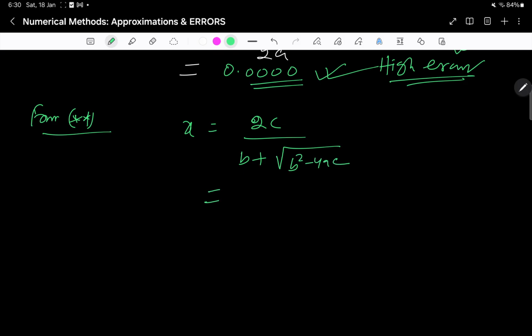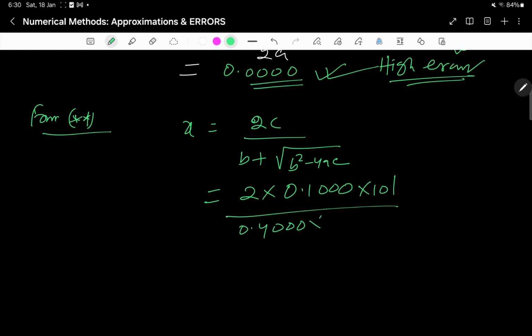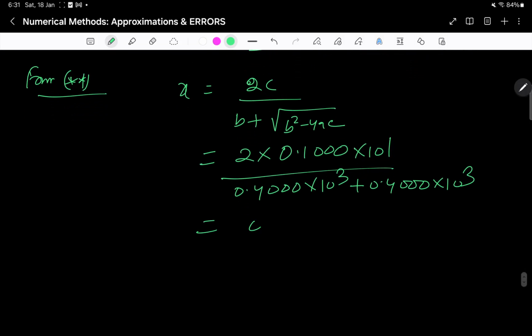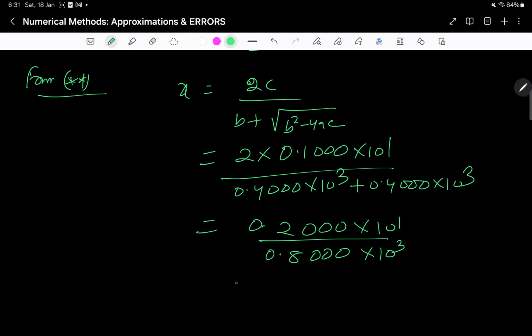If I substitute all this here, it is 2 into 0.1000 into 10 to the power 1 divided by, here b will be 0.4000 into 10 to the power 3 plus 0.4000 into 10 to the power 3. So if you simplify it, it will be 0.2000 into 10 to the power 1 divided by 0.8000 into 10 to the power 3, and if I simplify it, it will be 1 by 4, 0.25.